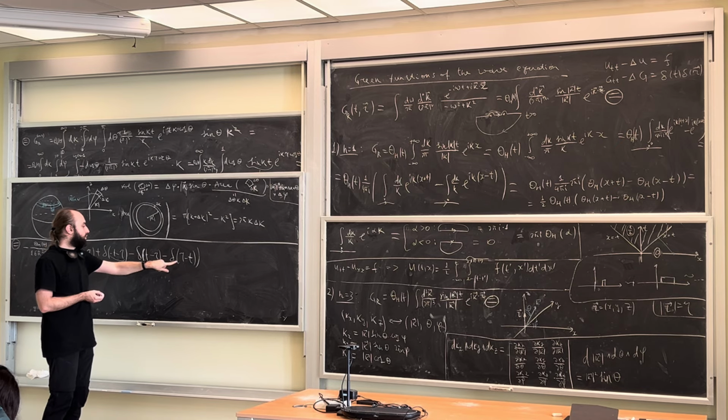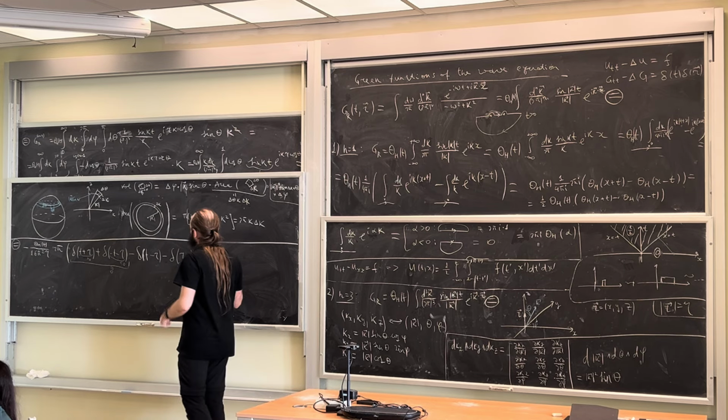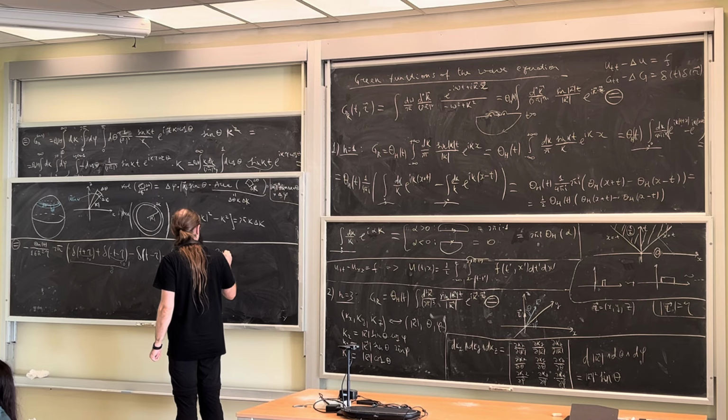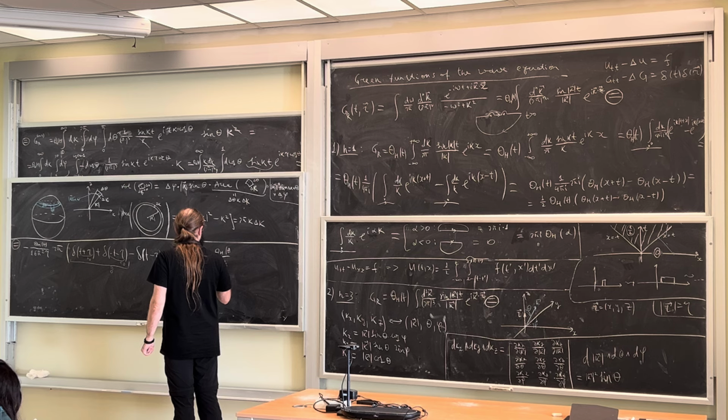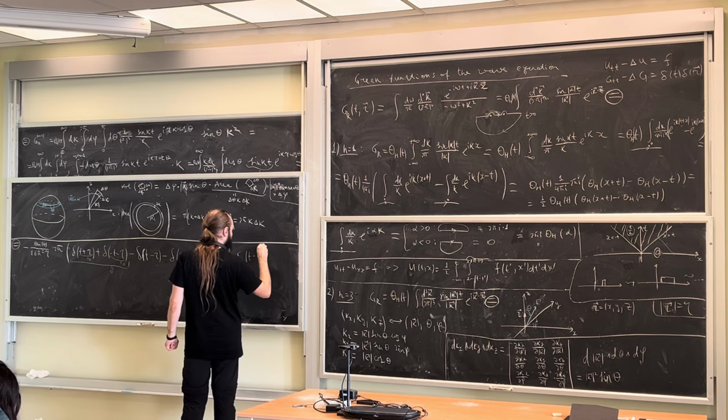So we can say that these two delta functions are equal. On combining all this, we get the Heaviside theta of t over 4 pi r delta of t minus r.